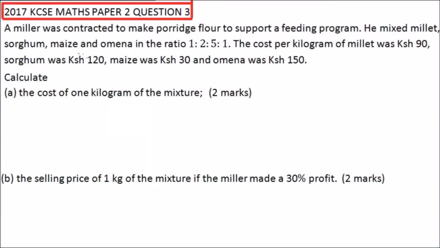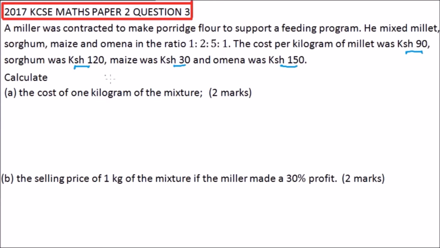So this is 2017 KCSE Maths Paper 2, question number 3. A miller was contracted to make porridge to support a feeding program. He mixed millet, sorghum, maize and omena in the ratio 1:2:5:1. The cost per kg of millet was 90 shillings, sorghum was 120, maize was 30 shillings and omena was 150.